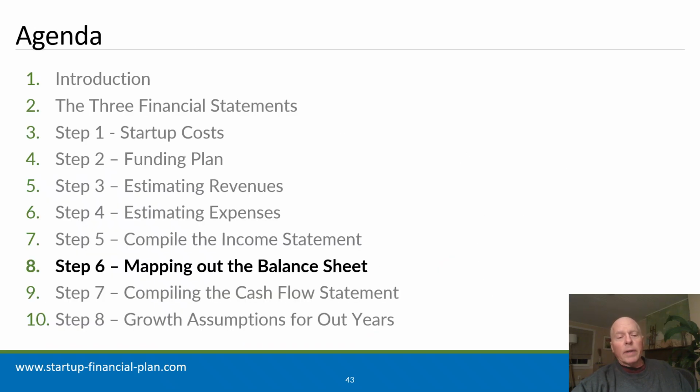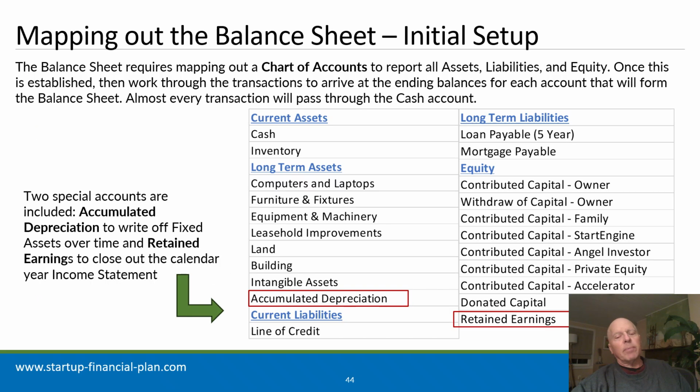At this point, we have the income statement done. Now comes a rather tedious step 6. Because unfortunately, to do the balance sheet, I have to work through the transactions. And there's no easy way to do it. So this is the tedious step. In order to do that, I've got to set up basically a listing of a chart of accounts.